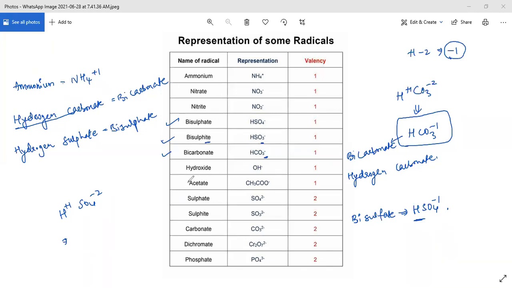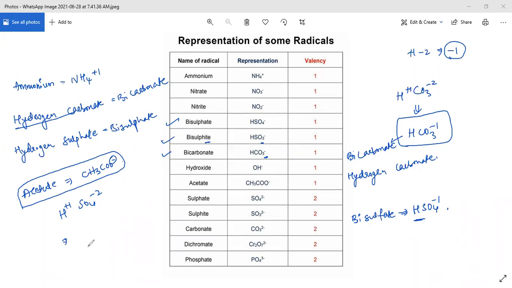And acetate also important. What is the formula for acetate? CH3COO minus. Sir, I have a doubt. Why is that oxygen 2 times? You can just write it as CH3O2 minus, right?